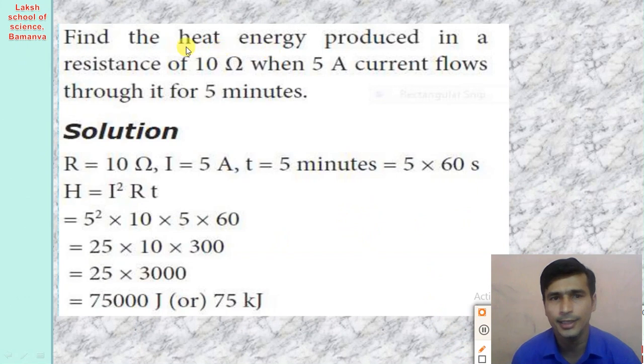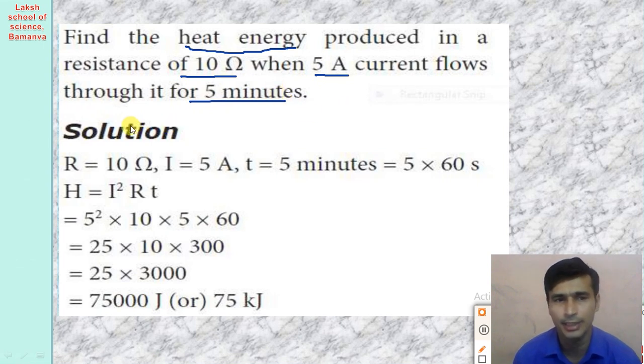Find the heat energy produced in a resistance of 10 ohm when a 5 ampere current flows through it for 5 minutes. Here the resistance of the conductor is given to you, 10 ohm, right? The electric current passing through the resistor is 5 ampere and time t is given as 5 minutes.